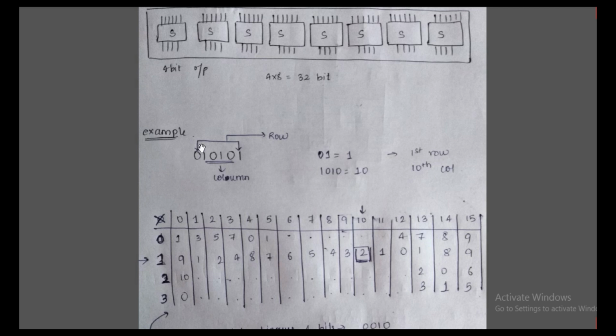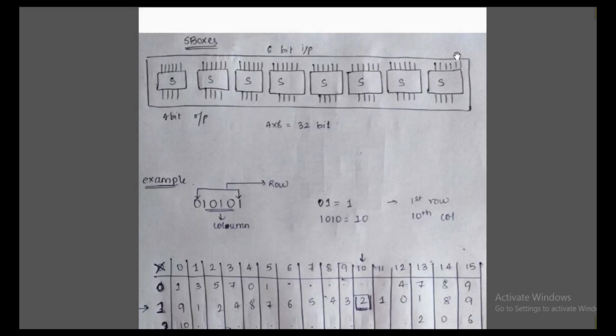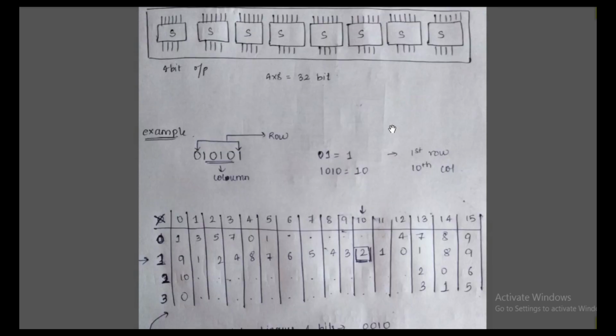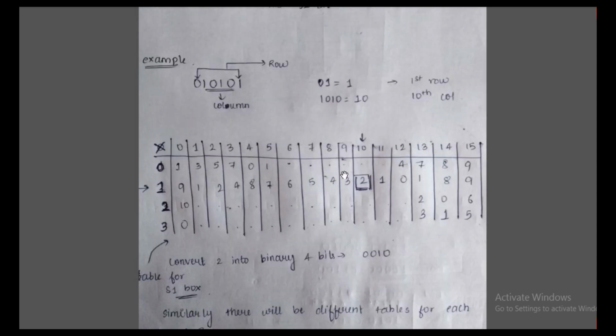Thus the 6 bits are converted into 4 bits. In each SBox this goes on and then produces 32 bits, and this table will be different for each SBox. So this is the way in which this is done.